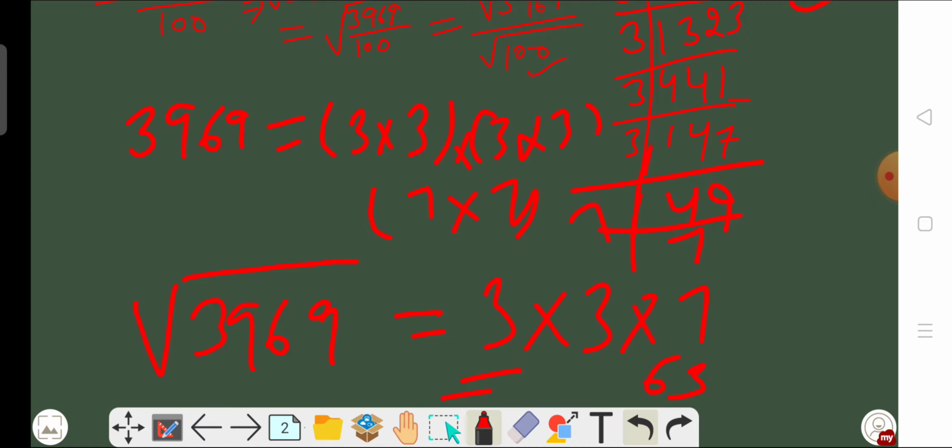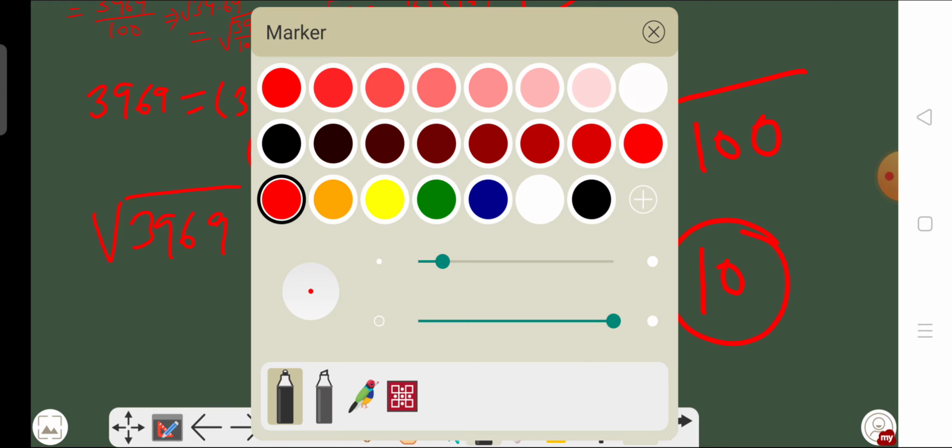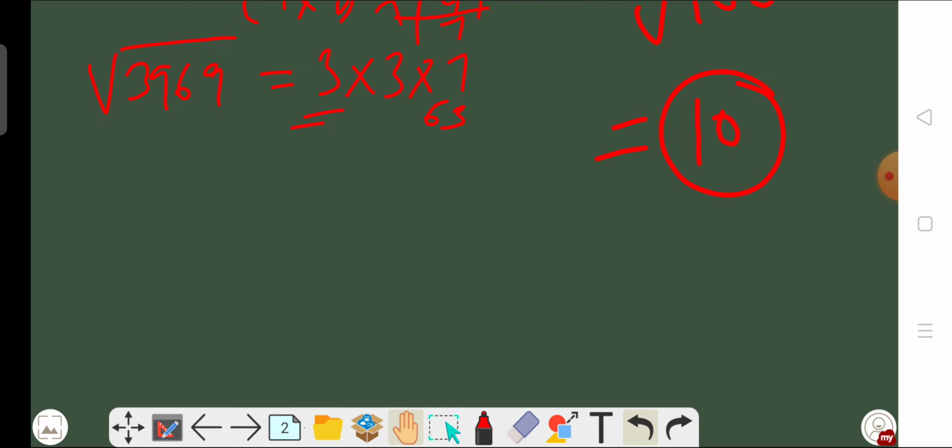Clear? And also square root of 100 is equal to 10. So from here we can write square root of 3969 by 100 is equal to 63 by 10.